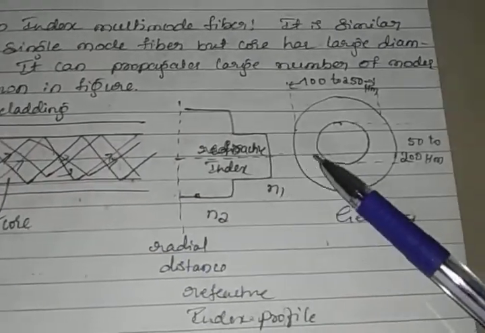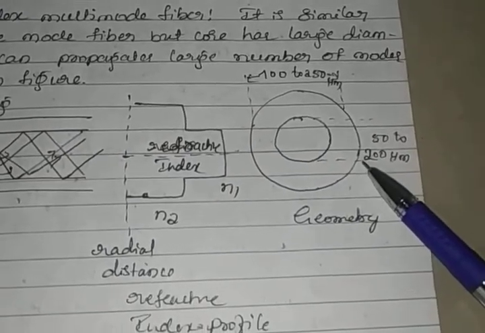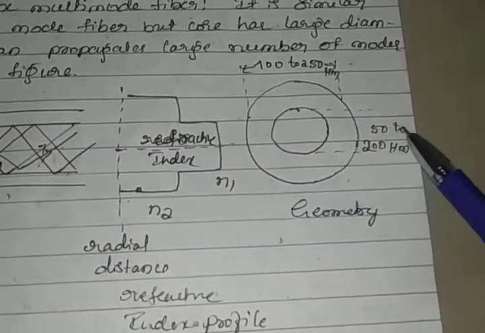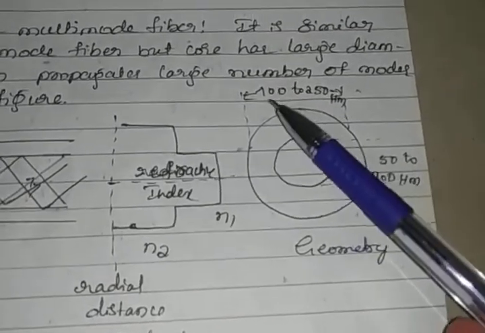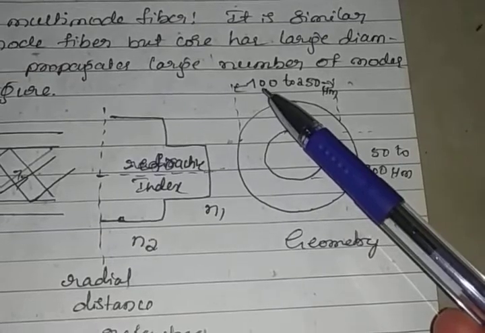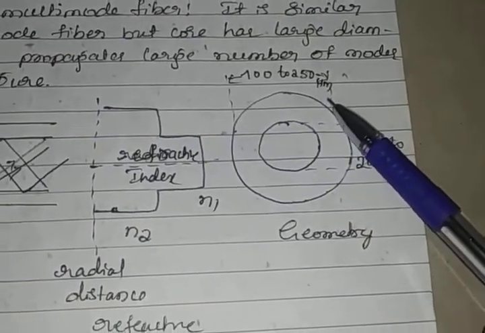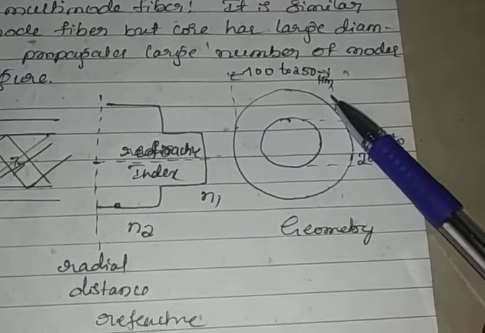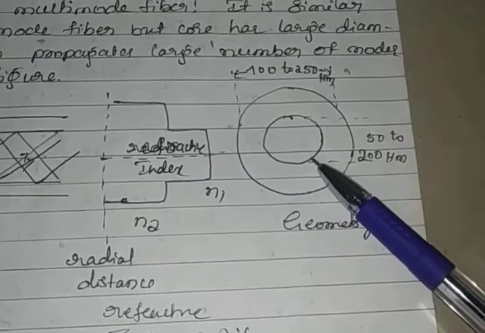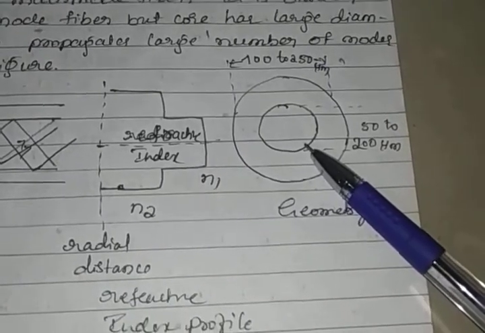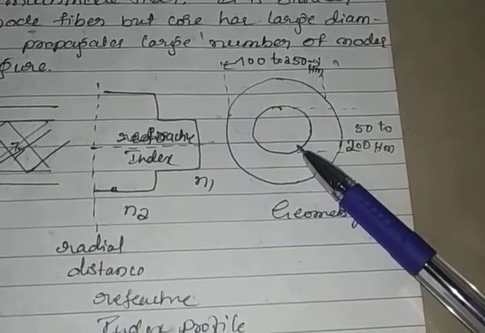This type of fiber has a large diameter: core diameter is 50 to 200 micrometer, and cladding diameter is 100 to 250 micrometer. Compared to single mode fiber, this core diameter is large, so it has a large number of light rays.